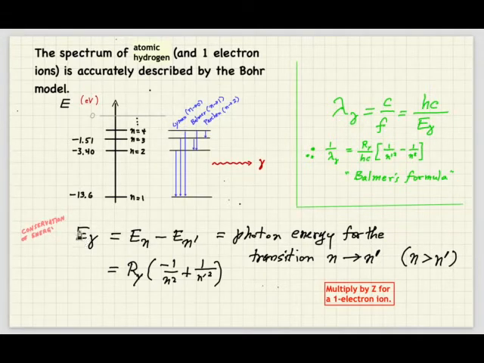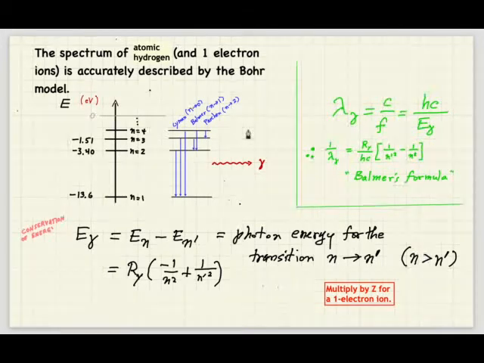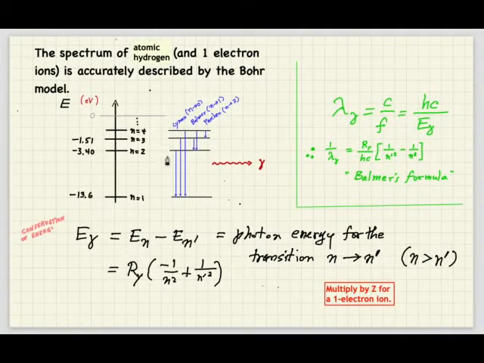Energy is conserved, so the energy of that photon will be the energy of the upper state minus the energy of the lower state. So E sub n minus E sub n prime will be the photon energy for a transition from n to n prime, where n is greater than n prime. So for example, I might have n equals 2 to n equals 1. So n would be 2, n prime would be 1.